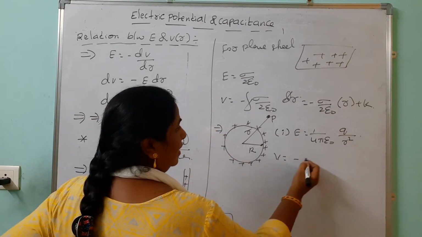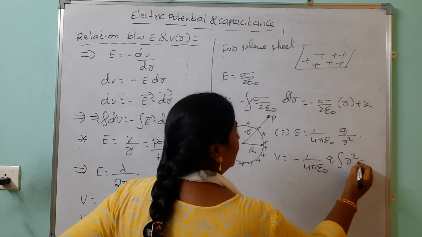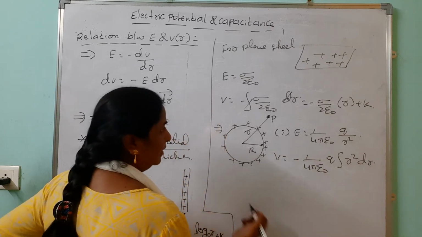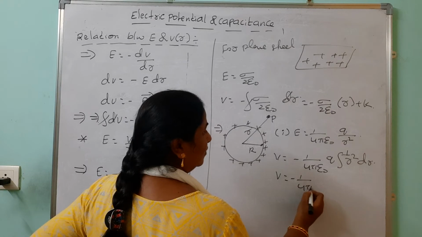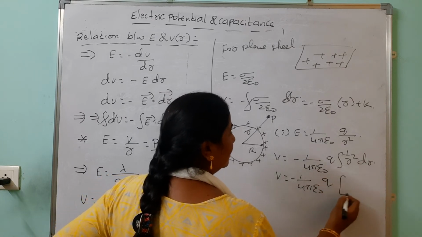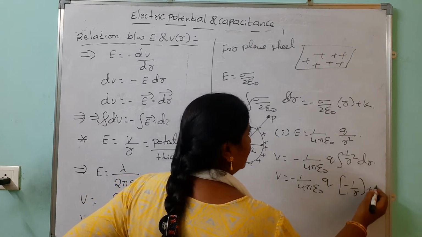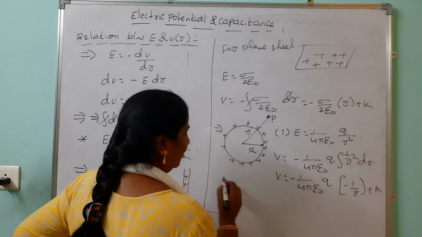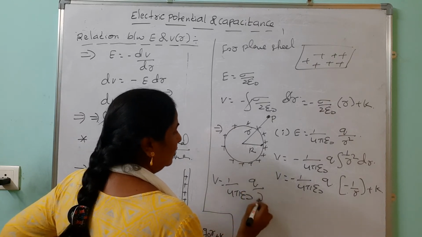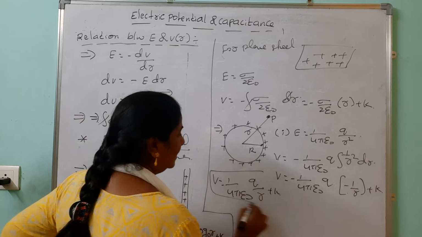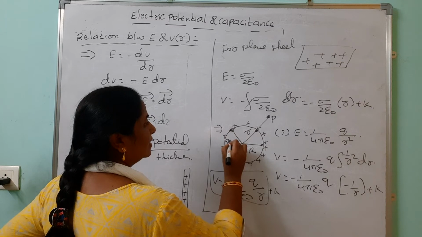V equals minus 1 by 4 pi epsilon naught Q, constant, integration of 1 by r square dr. Then integration of 1 by r square is minus 1 by r plus constant. Look here, minus minus plus, finally you get V equals 1 by 4 pi epsilon naught Q by r plus constant. Suppose the distance is only here, r equals R.